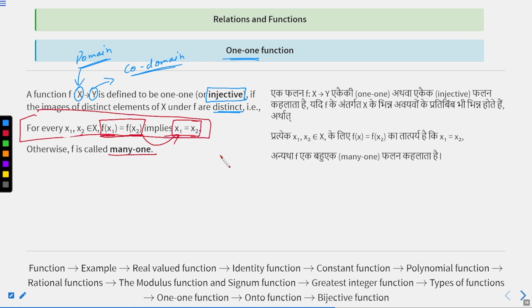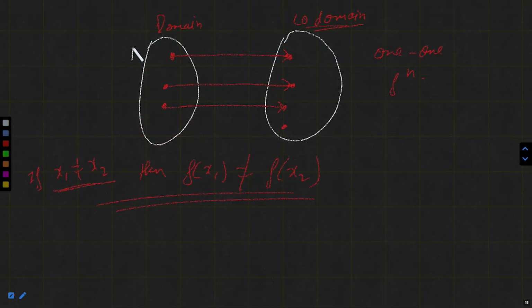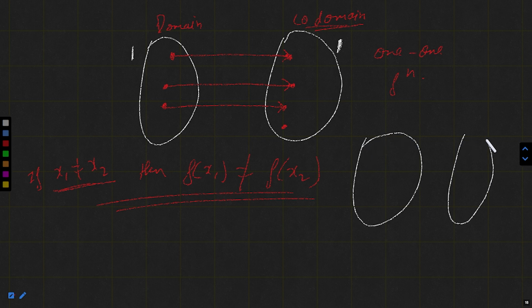If it is not 1-1, then it might be many-one, as the name suggests. Here one element is associated to only one element, and these are not like many-one. In many-one you have, suppose, like this: the output is linked with this element, say x1, and this element, say x2.